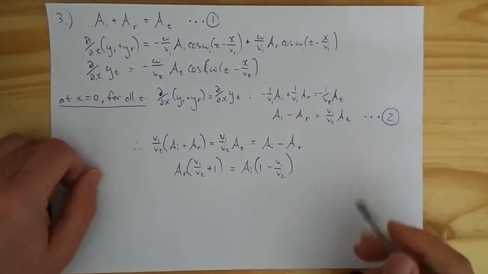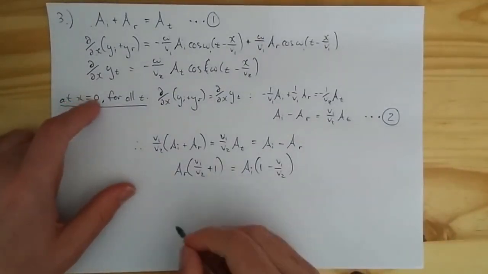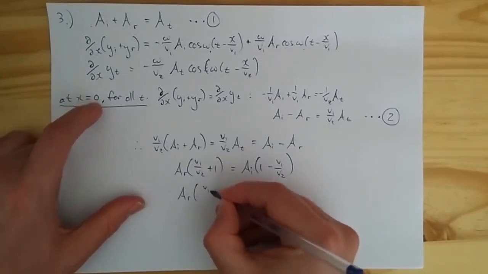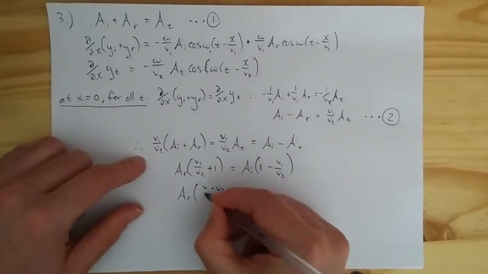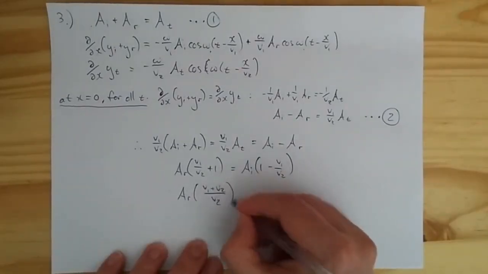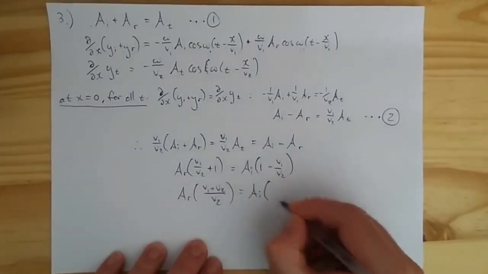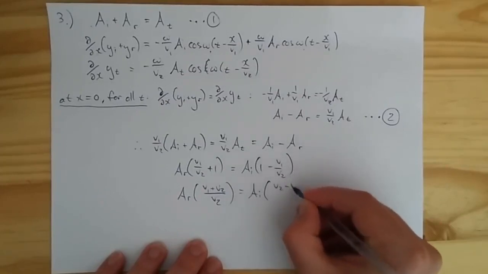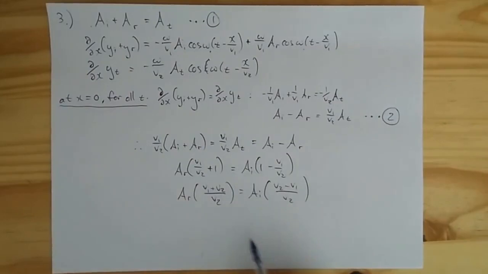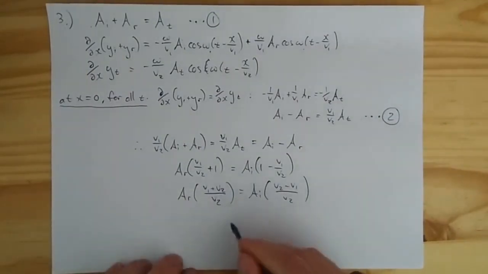Okay, so now let's write that as a single fraction. So that is ar times v1 plus v2 over v2 equal to ai times v2 minus v1 over v2. Okay, so I can multiply v2 on both sides. All right, so then what shall we do? Now we're going to divide by ai.